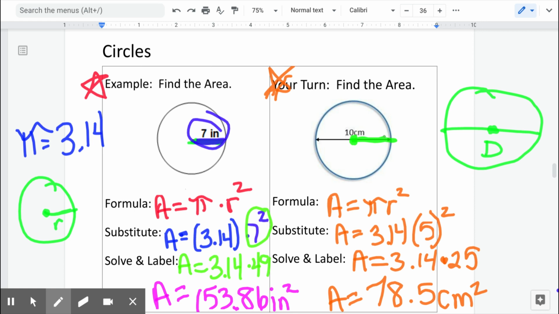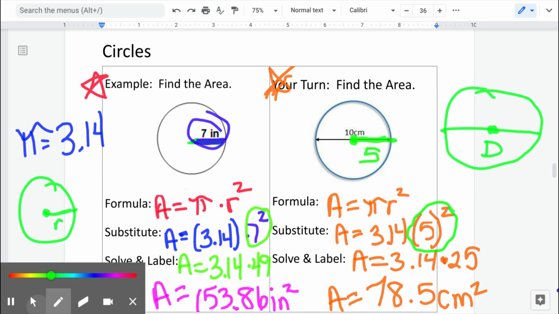So in my example, I'm given the diameter, which is all the way across. So half of that diameter is my radius, which would be 5. So I need to plug in that radius of 5. I start with my exponent. 5 squared is 25 times 3.14, giving me my answer of 78.5 centimeters squared.